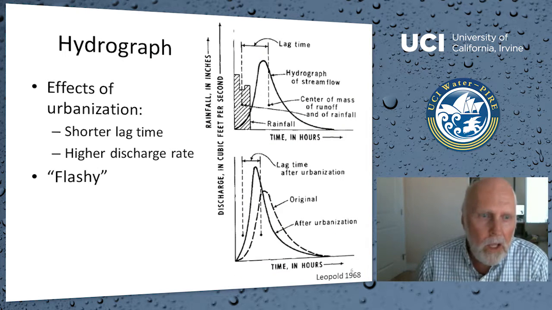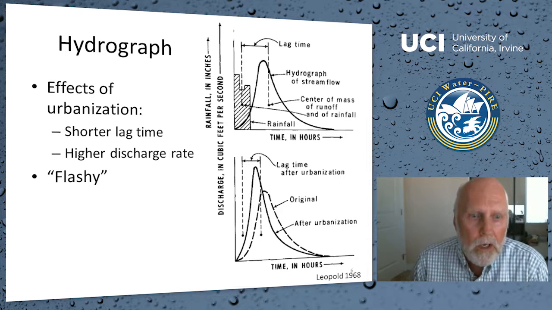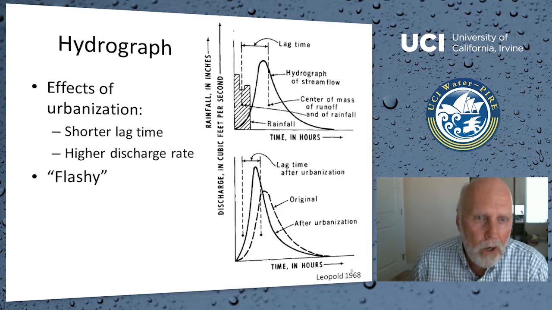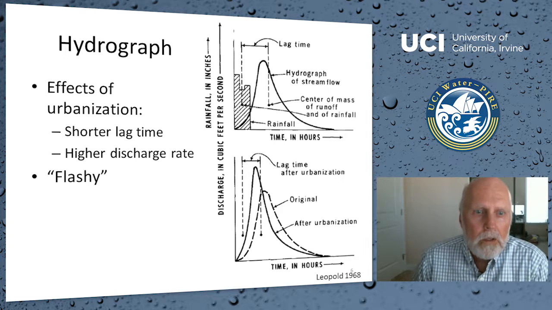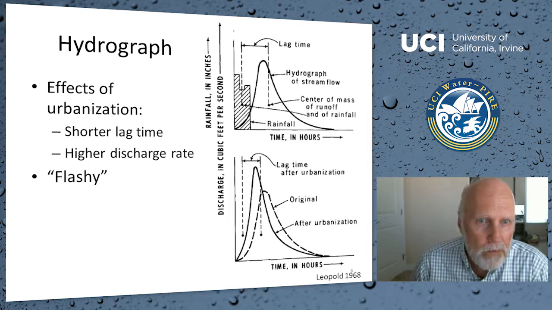If we go to the next slide, this illustrates the hydrograph and the effects of urbanization. If we start at the top graph, the bars are the rainfall and the line is the discharge in the stream. Shortly after the rainfall, there's an increase in the discharge. There's a lag time, but it peaks and then it drops away. That's in a natural landscape.